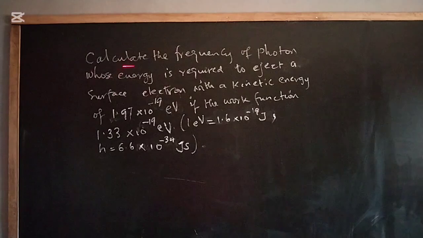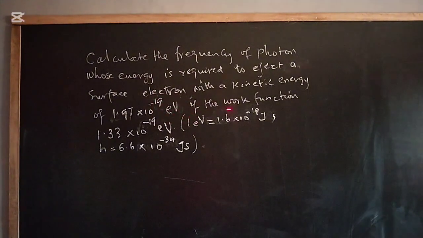Calculate the frequency of photon whose energy is required to eject a surface electron with a kinetic energy of 1.97 times 10 raised to the power minus 19 electron volts if the work function is given. And then in the bracket, we are told that 1 electron volt is equal to 1.6 times 10 raised to the power minus 19 joules, and Planck's constant is given as h equals 6.6 times 10 raised to the power minus 34 joules second.